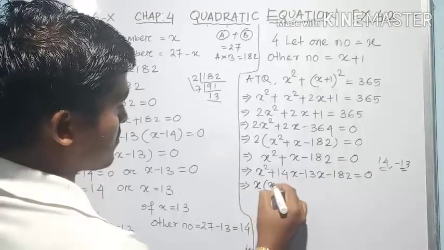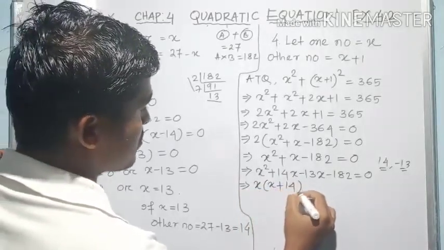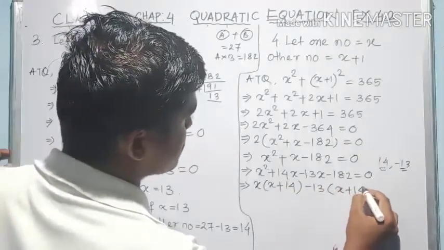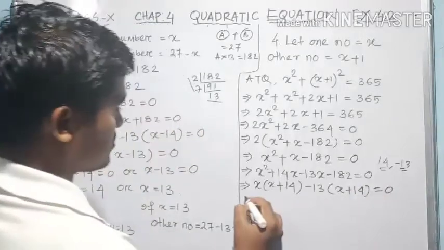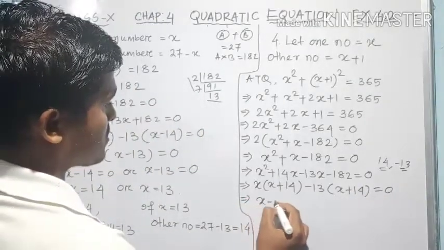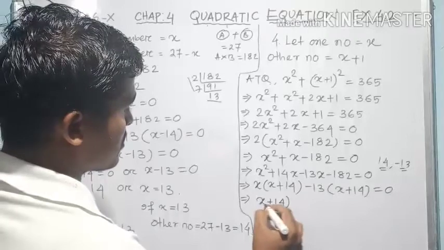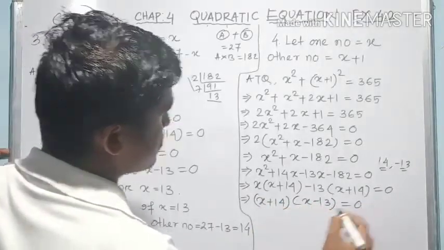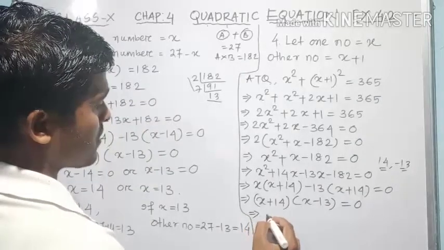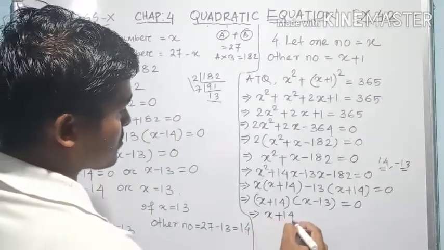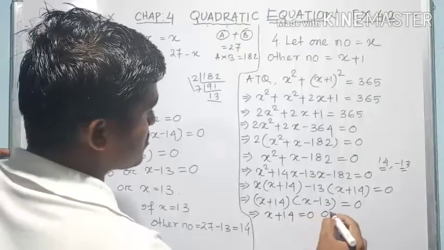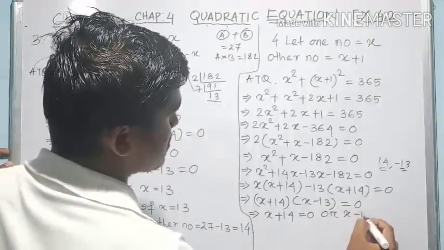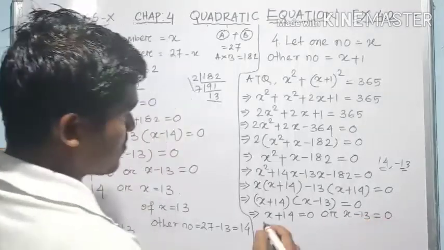If you take x common, that will be x plus 14. If you take minus 13, it will be x plus 14 is equal to 0. This implies that x plus 14 into x minus 13 is equal to 0. Equating each factor to 0, x plus 14 is equal to 0 or x minus 13 is equal to 0.